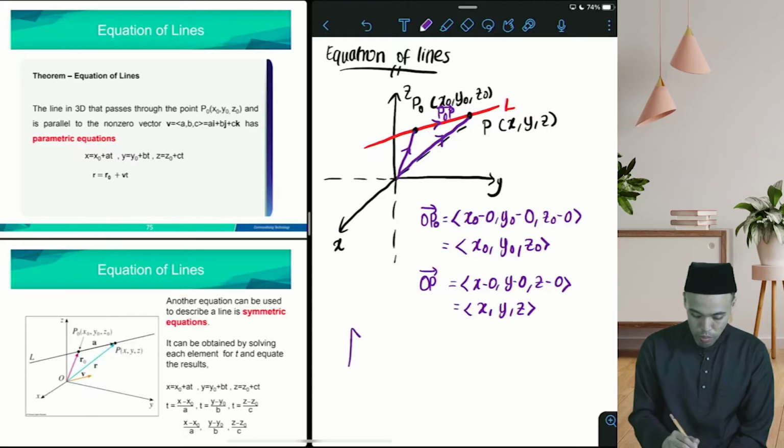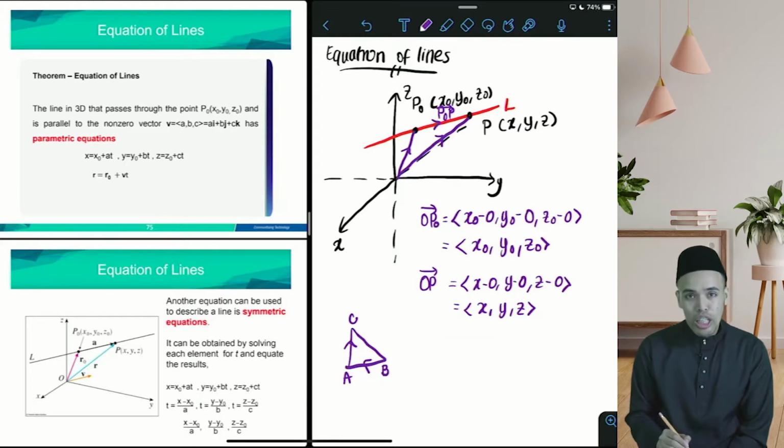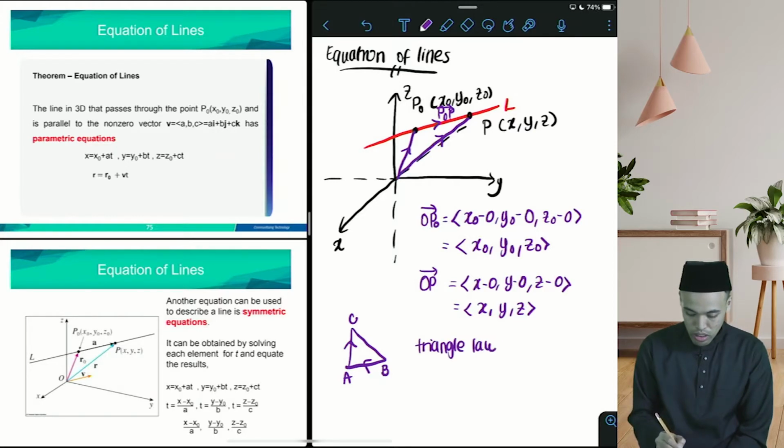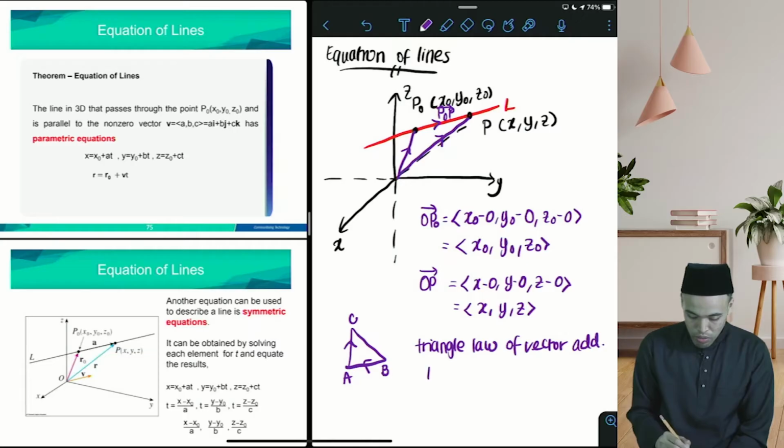For example, I am going to have A, B, and C. As you can see from here, according to the triangle law of vector addition, vector BA plus vector AC will produce vector BC.